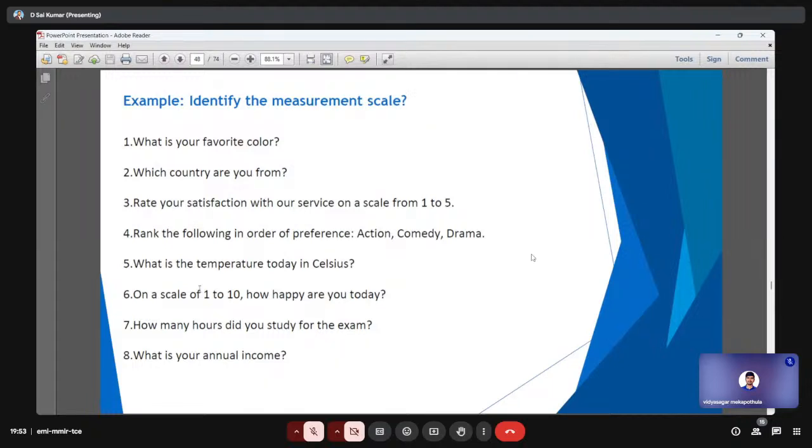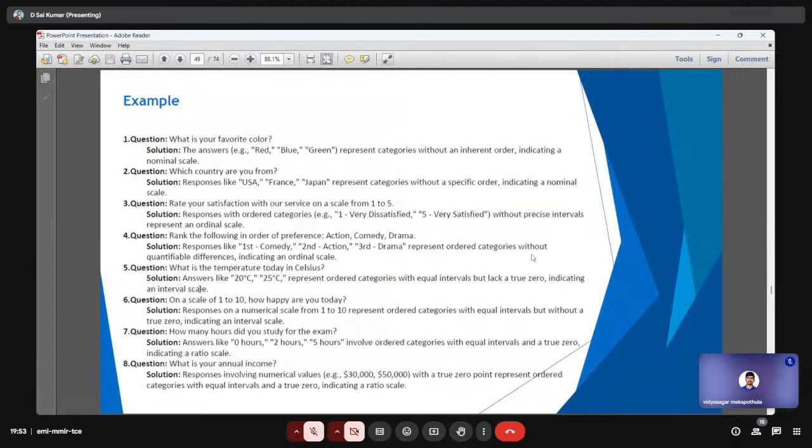To identify the measurement scale, if someone asks what is your favorite color, we have different colors like red, blue, green, which we need to pick from. They are categories without any inherent order, which indicates a nominal scale.